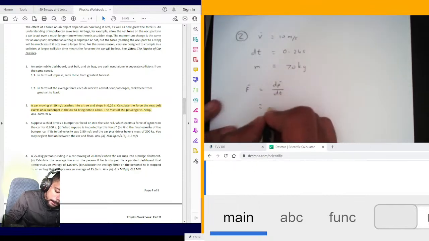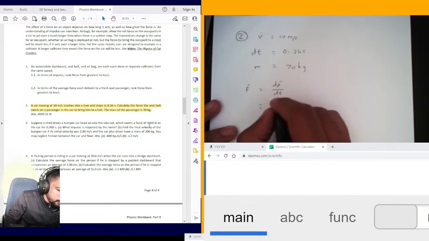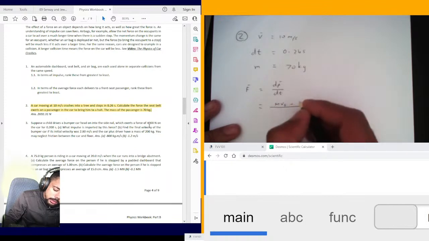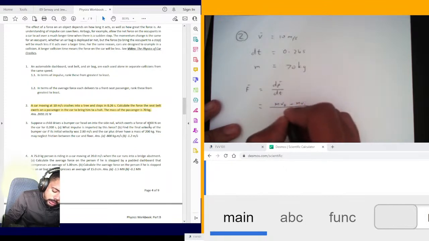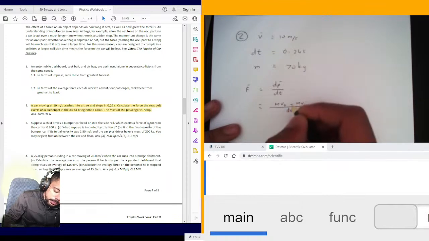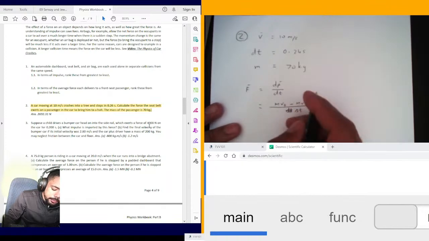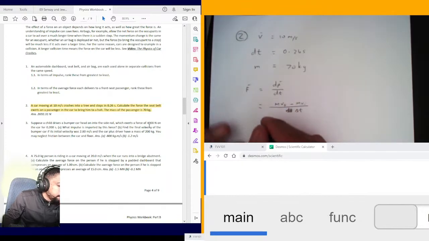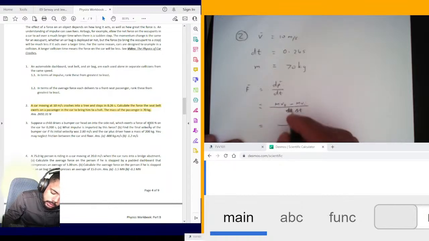The change in momentum is nothing but mv final minus mv initial, over the change in time. The change in time is 0.26 seconds.